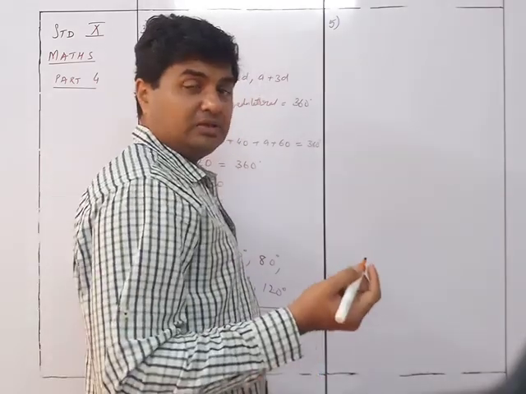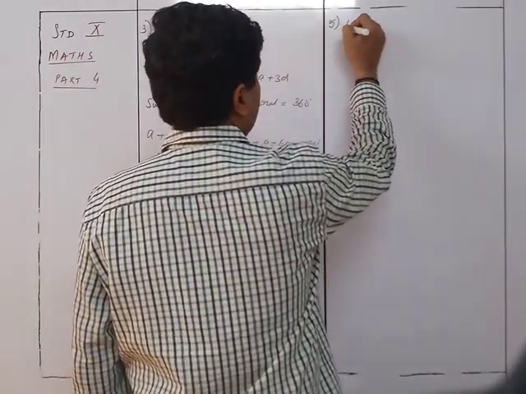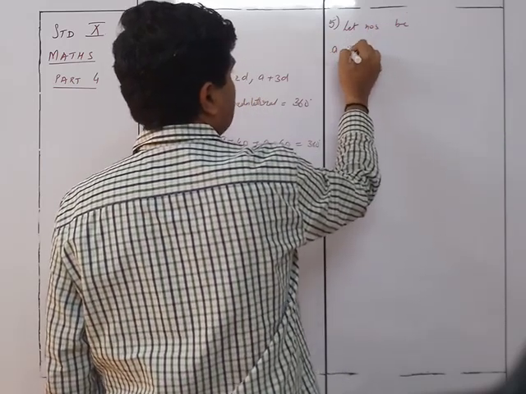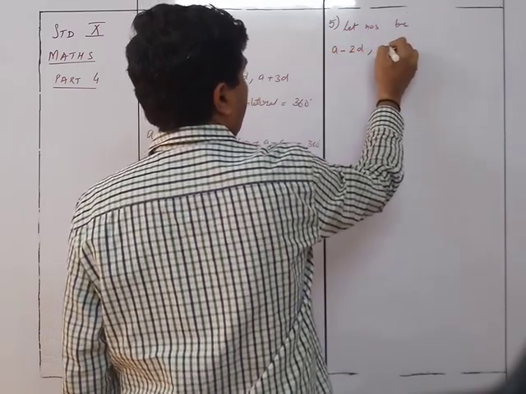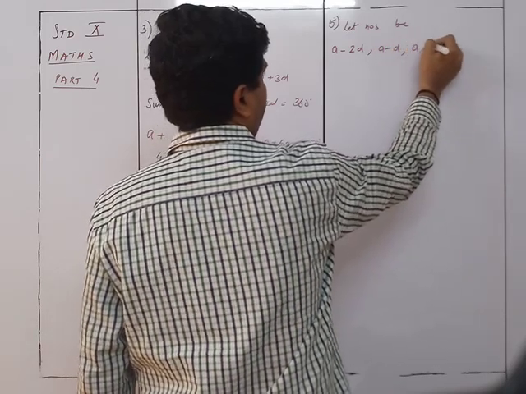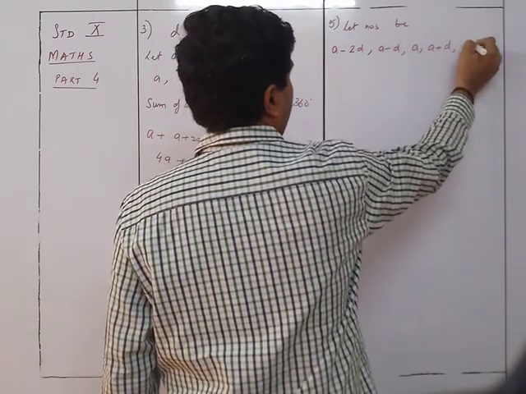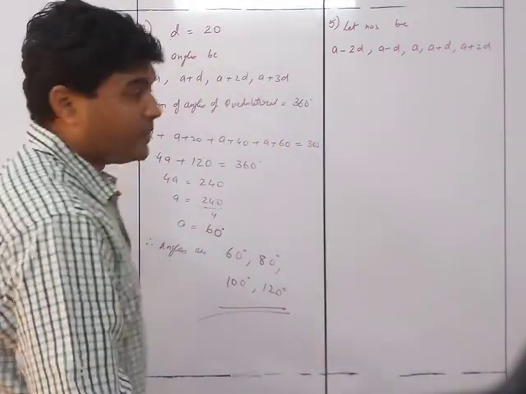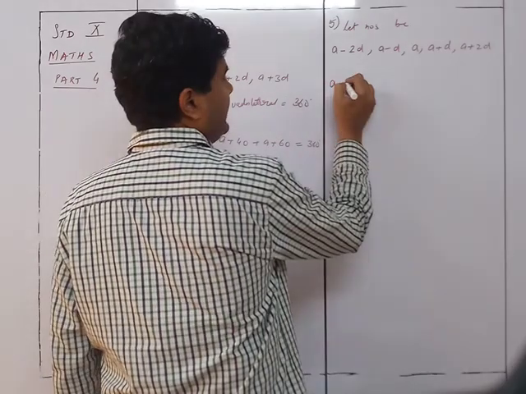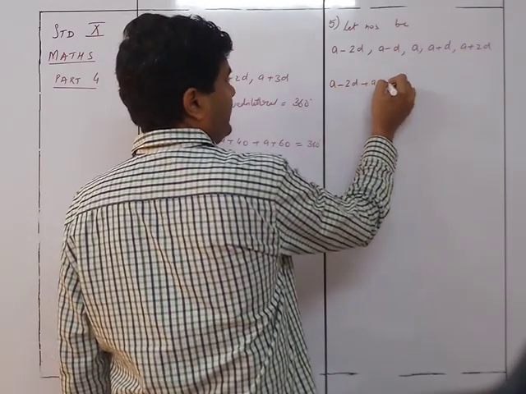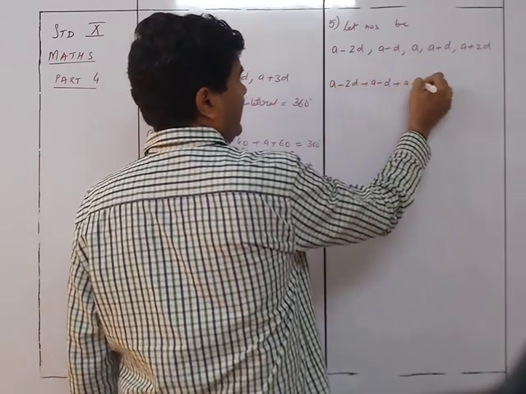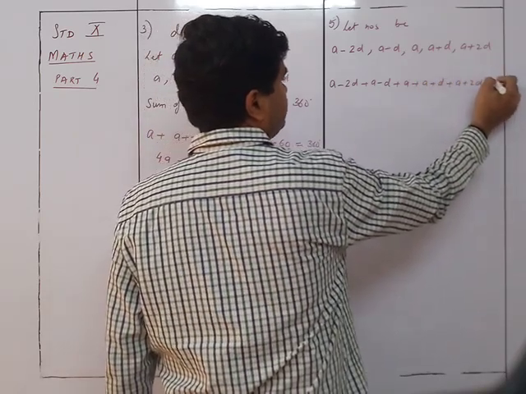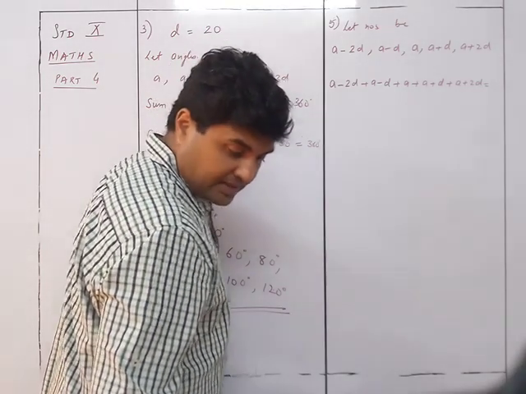So 5 numbers, so we'll take: let the numbers be A minus 2D, A minus D, A, A plus D, A plus 2D. Now they are given that the sum of the numbers is 12. So A minus 2D plus A minus D plus A plus A plus D plus A plus 2D is equal to 12.